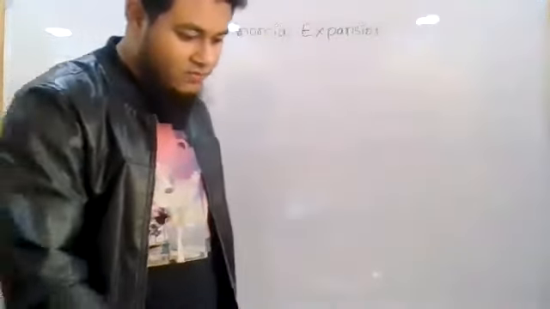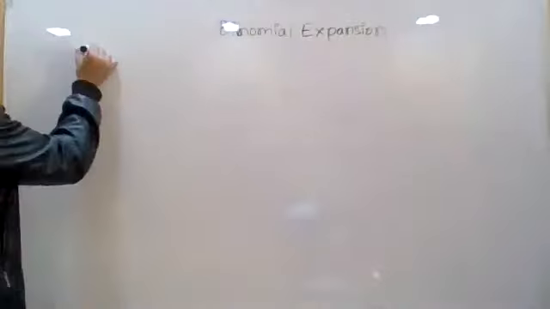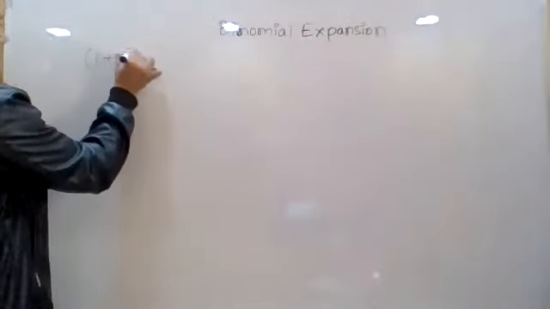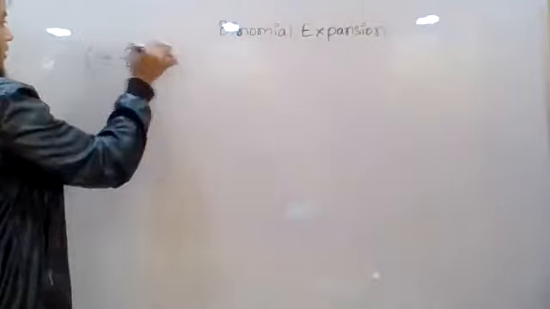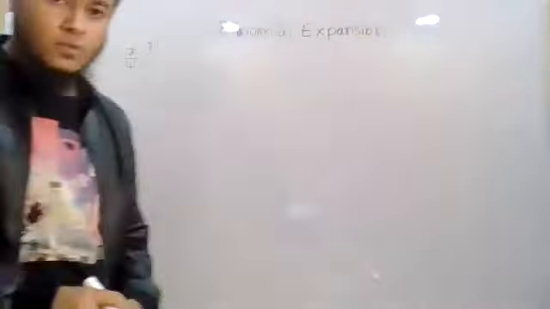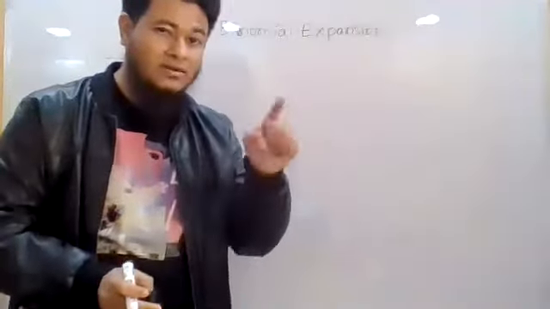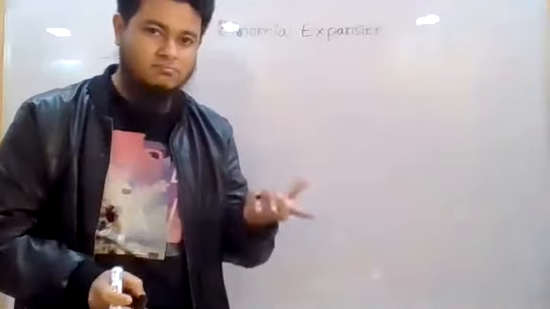So in the expansion of 1 plus x by 4 whole to the power n, the coefficient of the third term is double the coefficient of the fourth term. They are saying the coefficient of the third term. Now, as we learned already how to write a term directly, let us put it into use.